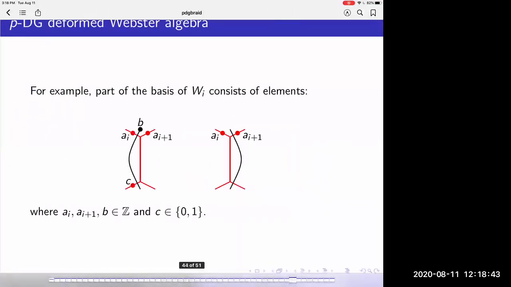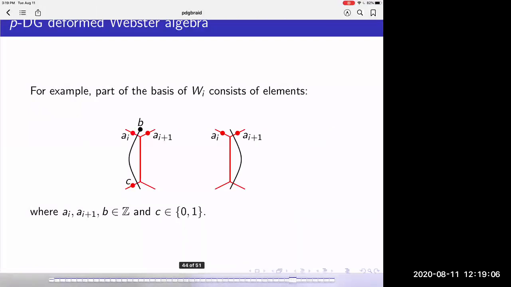I'll just show you what happens for the simplest of these bimodules. I'm going to focus on the interesting part of the bimodule, where 2 red strands merge into a thick red strand. So what does a basis look like? Well, on top, you're free to put anything you want.